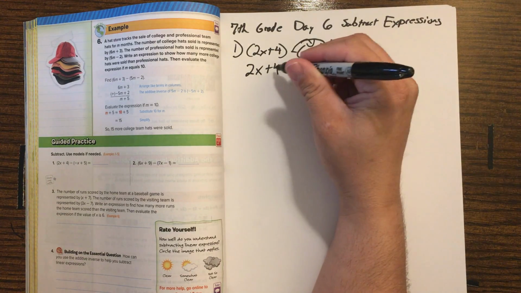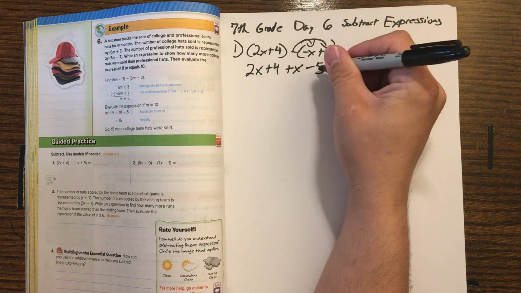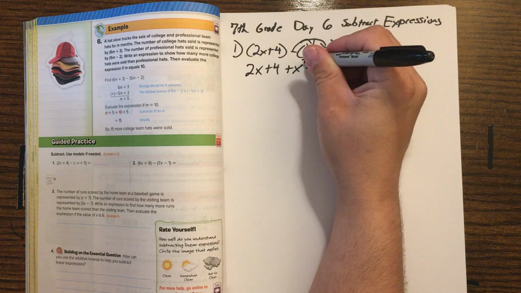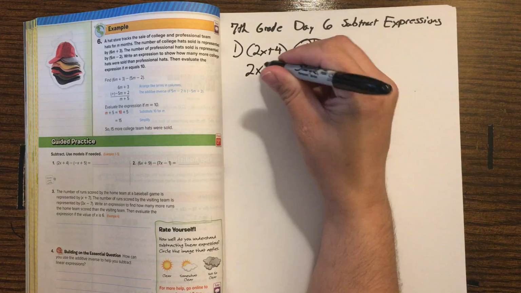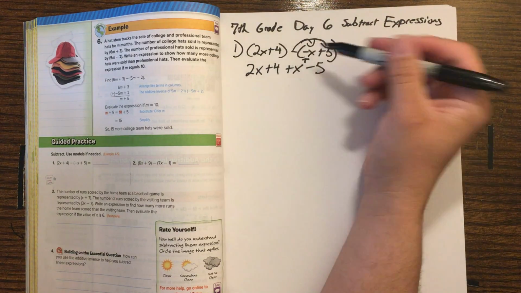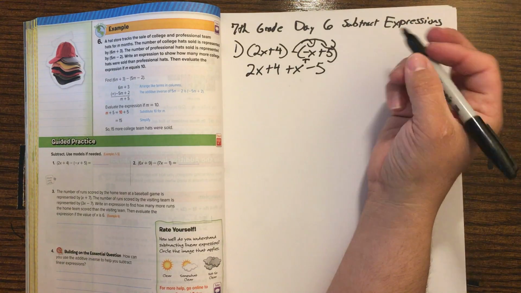Okay, and so what I do is I look at these where I'm subtracting. You could say 4 minus 5, but what I think of is a plus there, like 4 plus negative 5. That way everything is just adding. I'm adding 2x, I'm adding 4, I'm adding x, and I'm adding a negative 5. Because you're really just combining these, and when you combine things, you add them up.